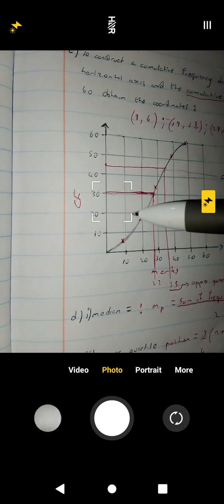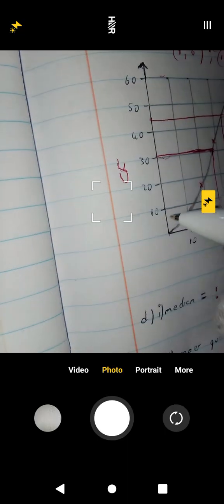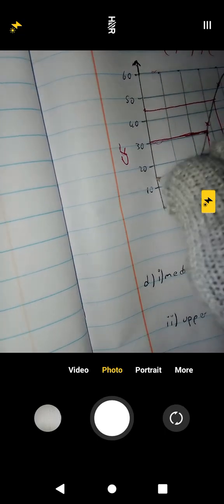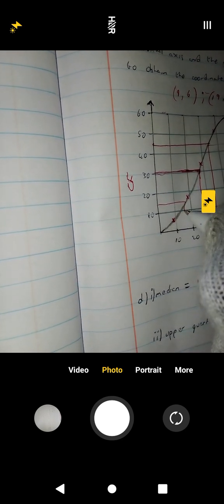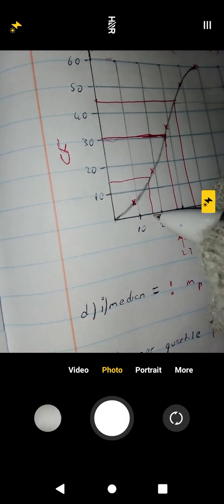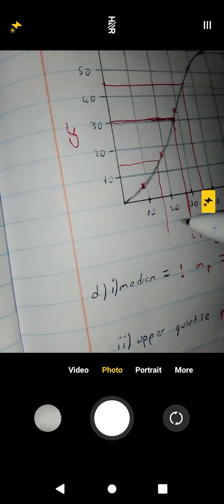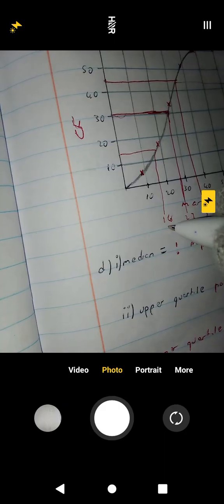So we then go to our cumulative frequency diagram. We said it's on the 15 and a quarter position, but we will search for the 15th position. So this is 10, 15, and then from here you just draw this line and then this line. Let's call this maybe 16.